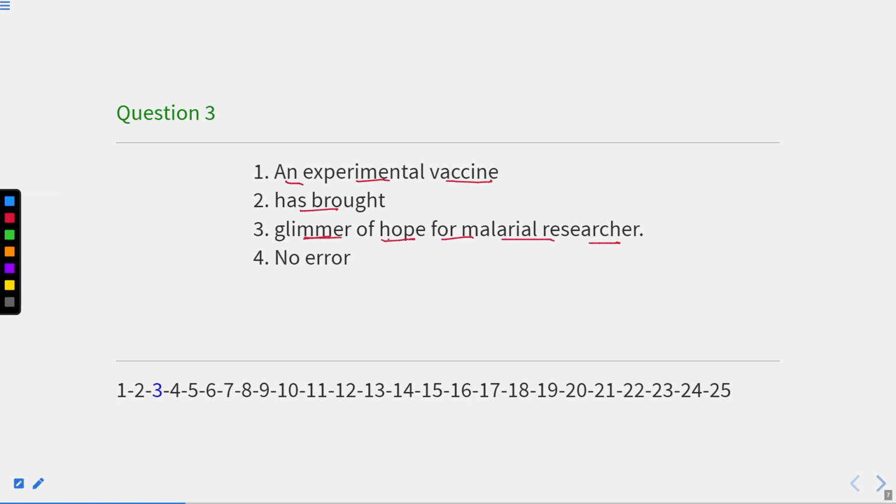So glimmer of hope is actually the part of it. It is like an idiom and phrase. Glimmer of hope means some hope. Okay, so before glimmer we need to put a. Okay, a glimmer of hope. So a glimmer is actually the part or the amount of hope. So we need to write a glimmer. Okay, it means a little hope.